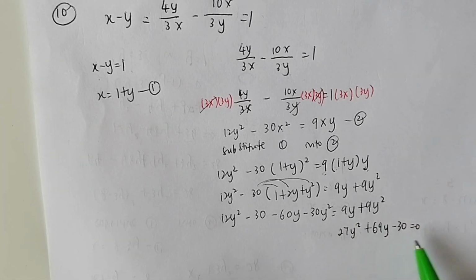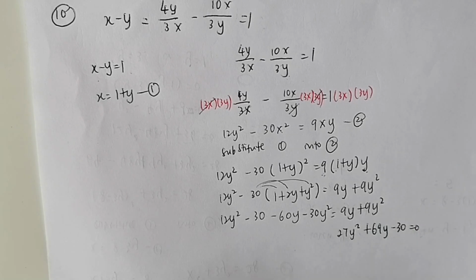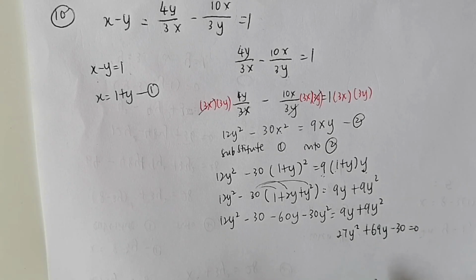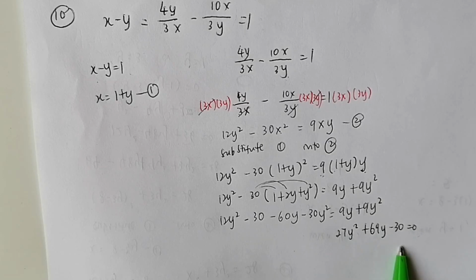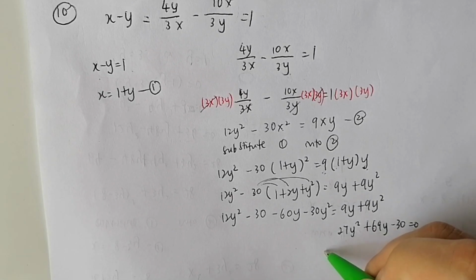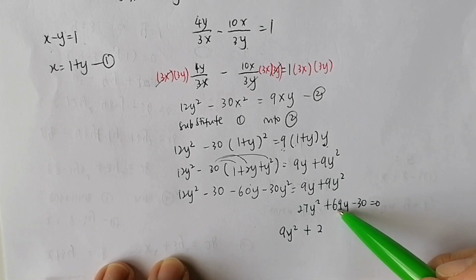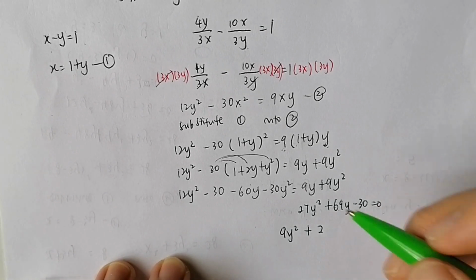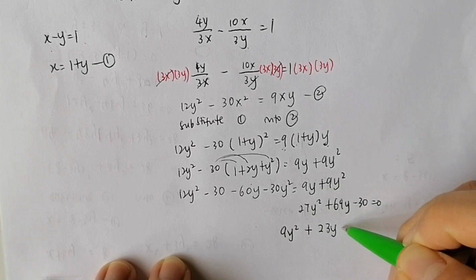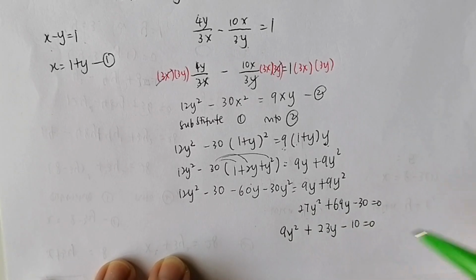Or you can write it equal to 0 behind. So here, we will notice that each of them is actually divisible by 3. So you divide by 3, we will get 9y squared, and here divided by 3, we are going to get 23y minus 10 equal to 0.